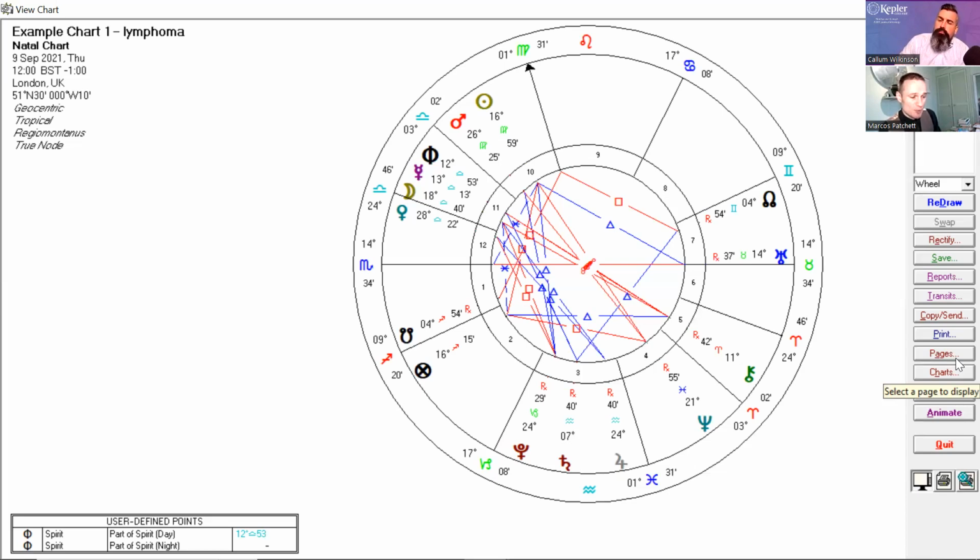There's all sorts of different possibilities here, but in general, I would look at Jupiter and Venus. I'd look at any planets that have good reception or good relationships with Mars, with the ascendant ruler, and with the moon. In specific, if you're talking about treatment, you look at the 10th house. So you look at the ruler of the 10th, if that's dignified.